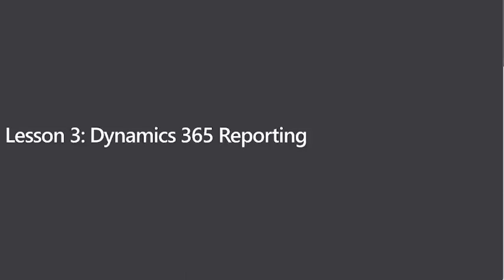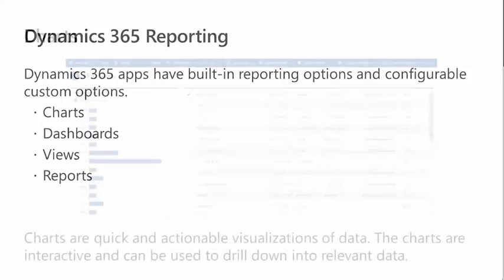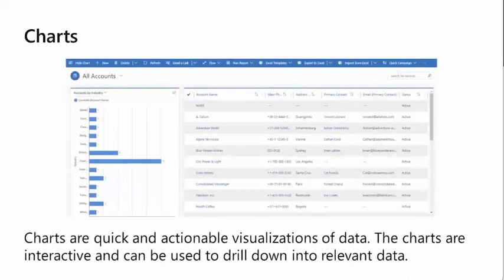So there's a number of different reporting options in Dynamics 365. You have built-in tools available within Dynamics 365. I know we looked at some of the Power BI tools, but within Dynamics itself, you can create charts, which are really good visualizations of the data. You can then take those charts and place them on different dashboards.